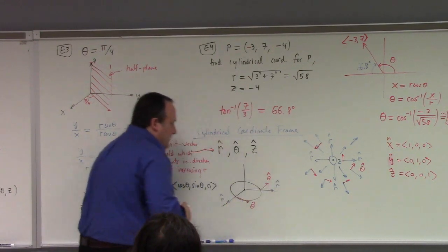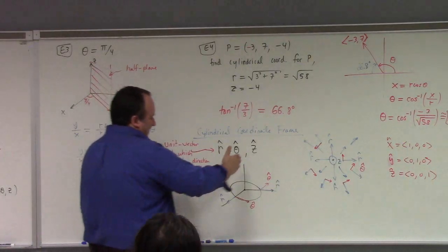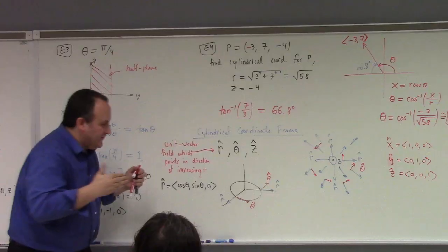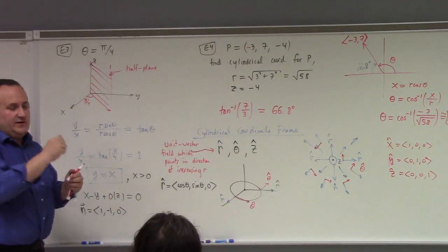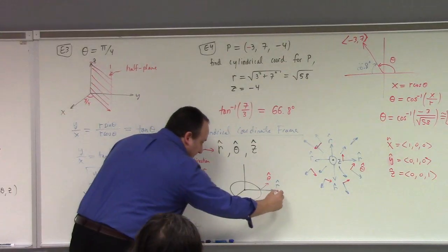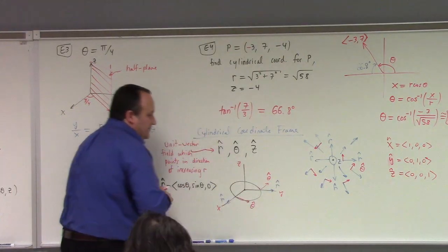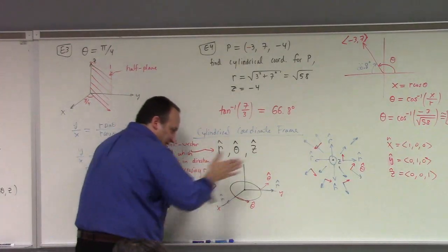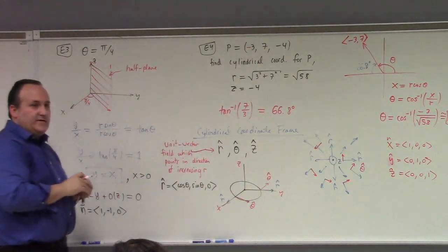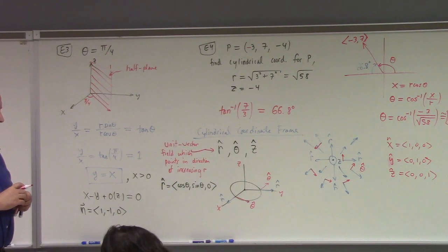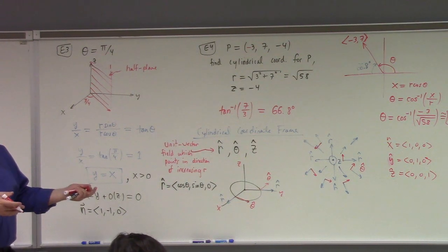I have trouble drawing it here, okay? But it should be pointing in the direction of increasing theta. Everyone agrees, increasing theta on the positive x-axis looks like that, yeah? And increasing theta on the positive y-axis, it's directly back in the negative x-axis direction if you think about it, right?